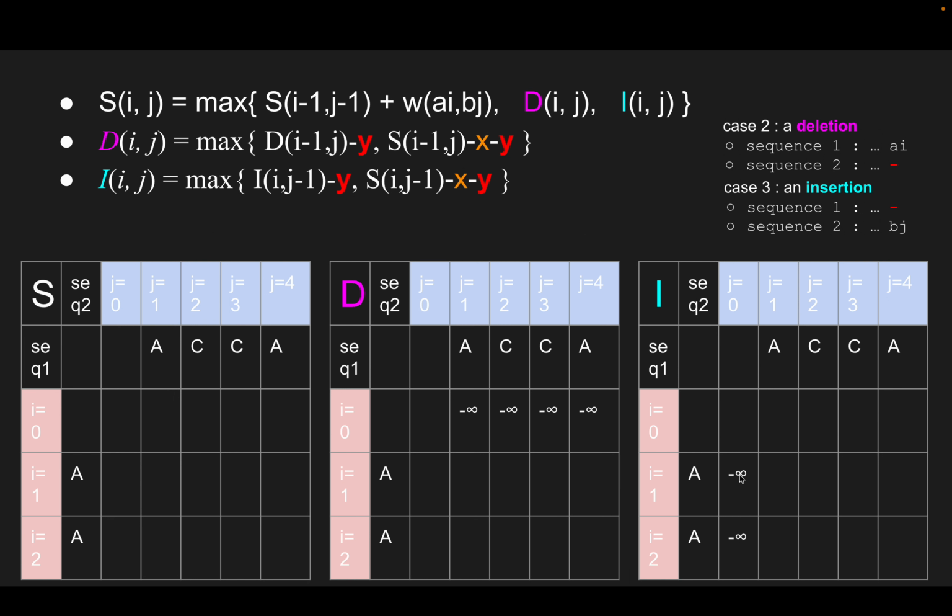So we will fill this entry with negative infinity. And also, it's not possible for I equals 2 to be A. Also, it's minus infinity.